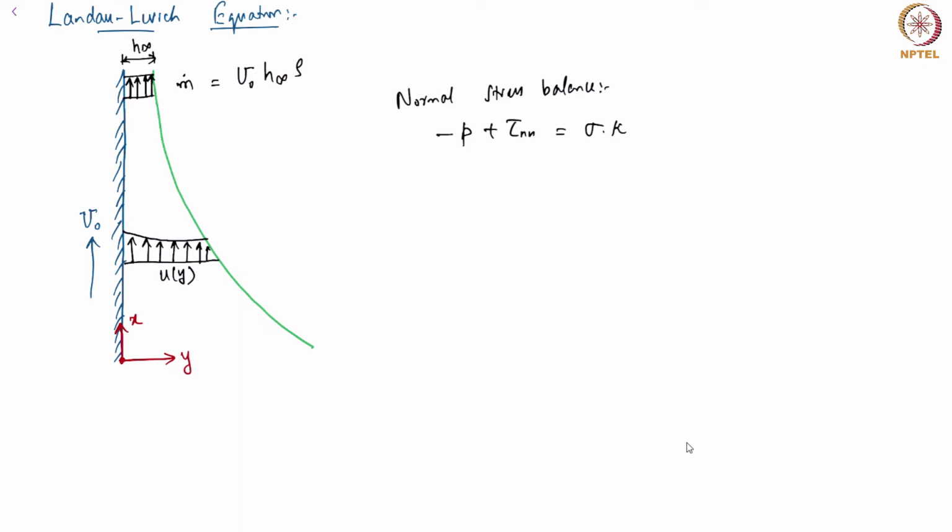Therefore, this term, tau nn, would be very, very small. And this gives me pressure P equals surface tension times curvature. In this case, the curvature is just gamma h_xx. Please correct this: it should be gamma times h_xx. And this gives me the pressure gradient, which goes like gamma times h_xxx.